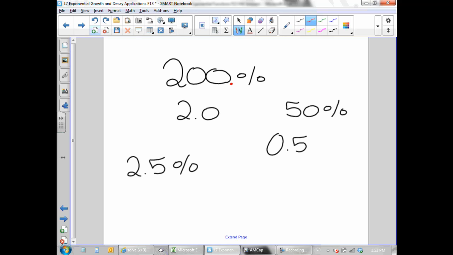There's sort of like a decimal here, and I had to move it over twice. Here, it's like there's a decimal here, and I moved it over twice. So here, I need to move it over twice. And it's 0.025. Okay, this is important. You have to be able to do this right away. Just quickly change percents into decimals.